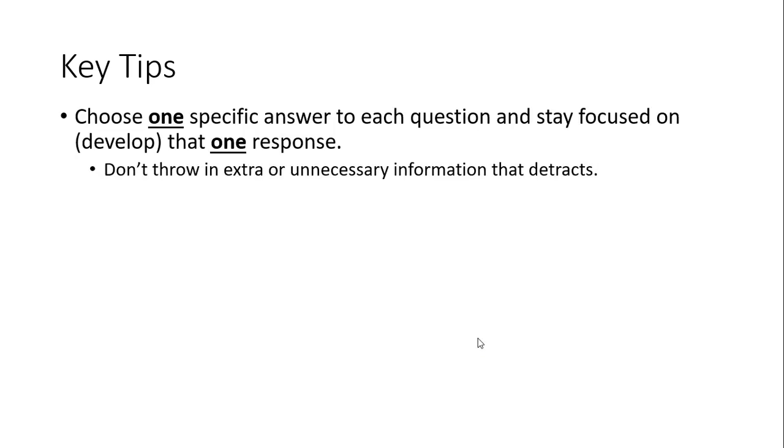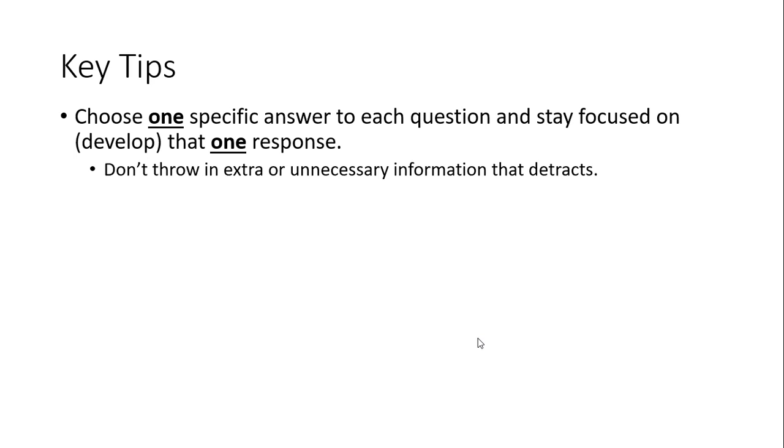This is key. And if there's one thing that's going to trip you up on writing short answer responses, it's probably failure to do this. For each part, choose one specific answer. Stay focused on that answer. Okay.